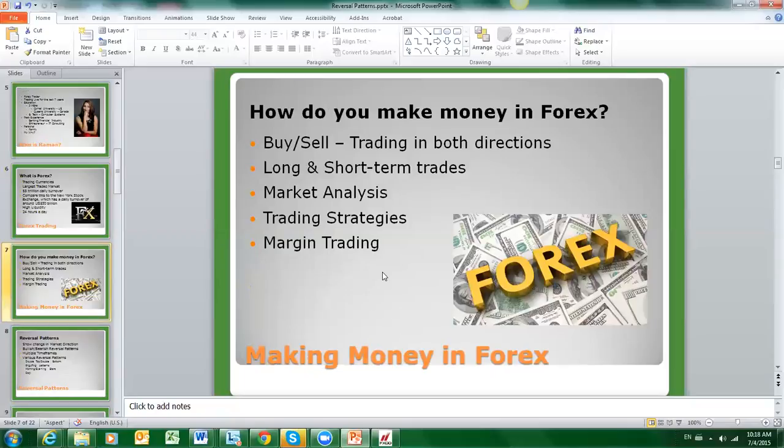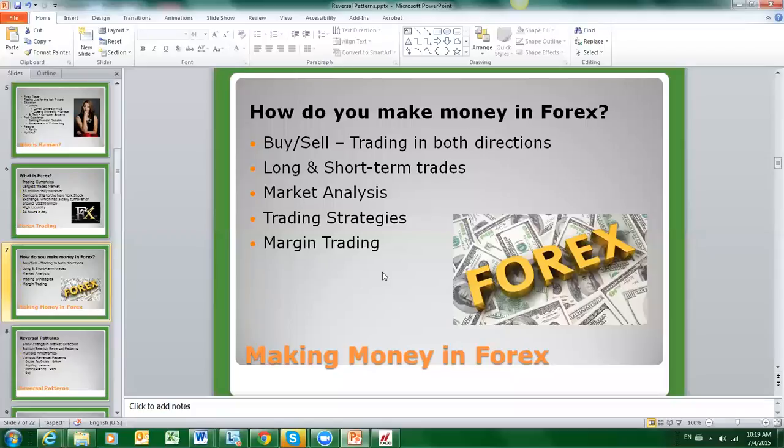And then, how do you actually make money in Forex? Let me just cover that quickly. The way to make money is by buying and selling currencies. So for example, you may buy US dollars and sell euros. That's called a short euro-dollar trade. Or, for example, you may be buying pounds and selling US dollars.